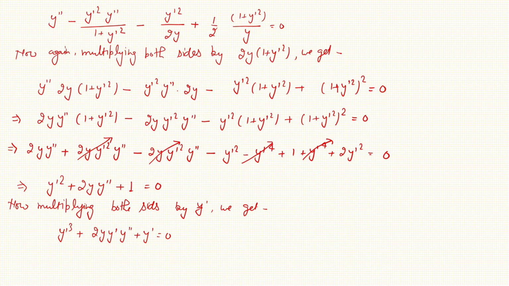Actually, this term is a differentiation: d upon dx of y plus y into y prime square is equal to 0. Thus d upon dx of y plus y into y prime square is equal to 0. This implies y plus y into y prime square is a constant c1.